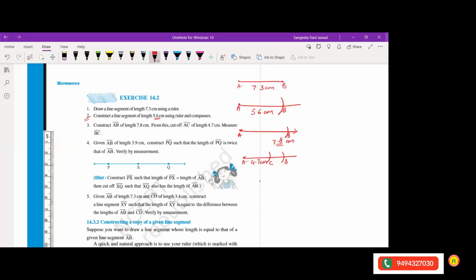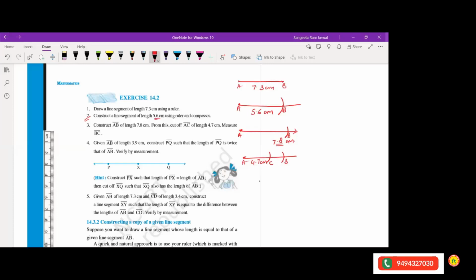What did you understand here? First, you have to construct a line segment of 3.9 centimeters. Given AB of length 3.9 centimeters, construct PQ such that the length of PQ is twice that of AB. Now you have to construct another line which is double this length, 3.9.